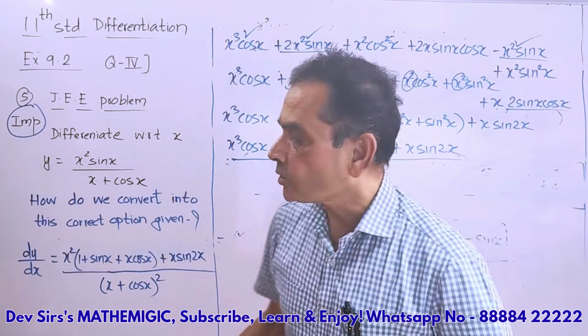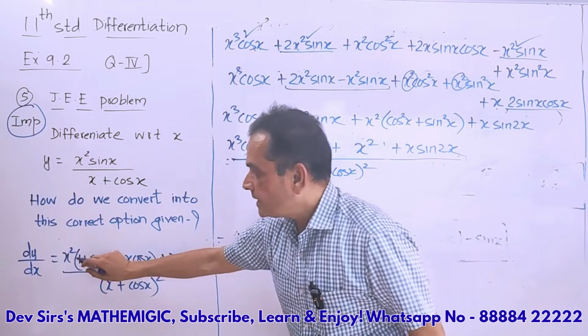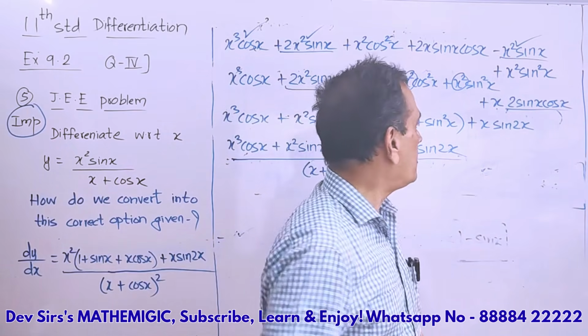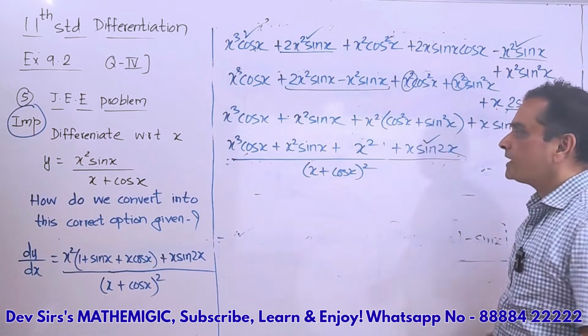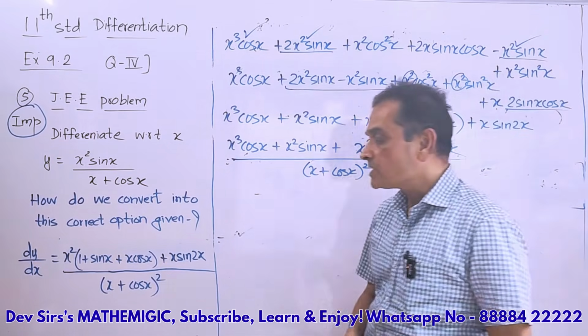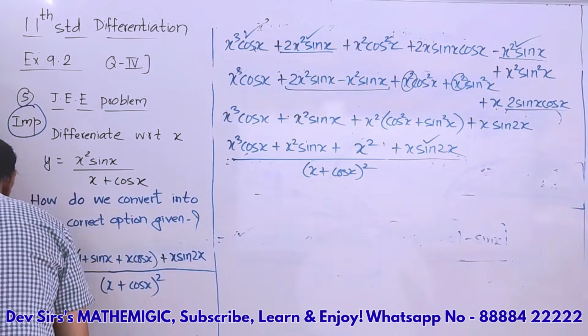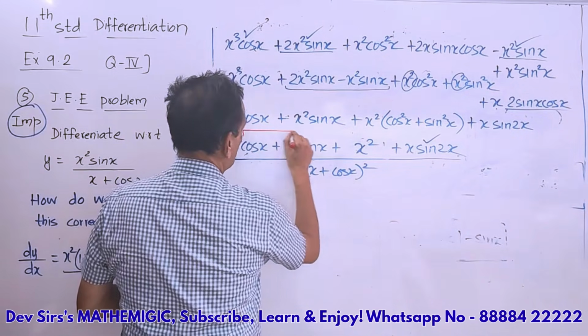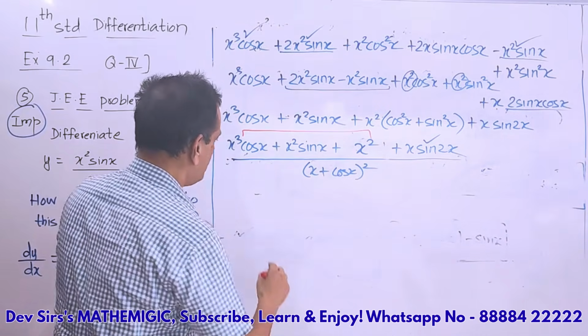Now compare the correct option. x squared has been taken common. x sin 2x we already have got. No need to worry about that. So from the first 3 terms, take out x squared common. आ गया आंसर.